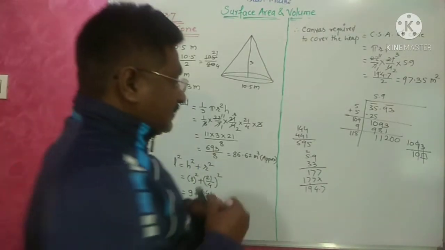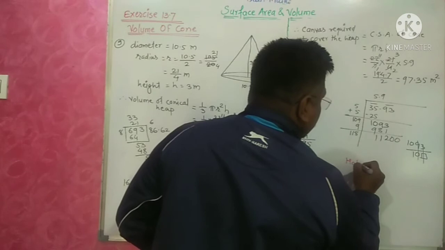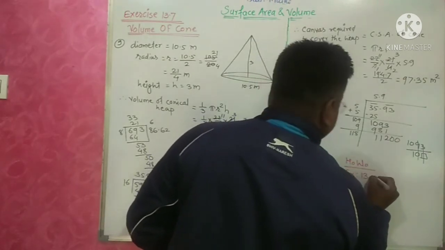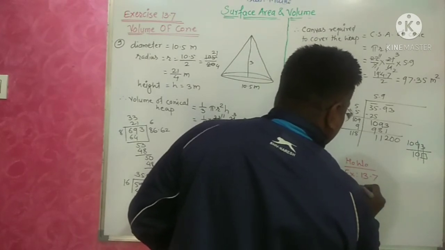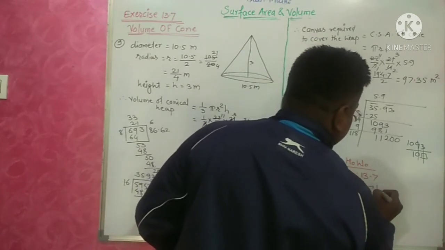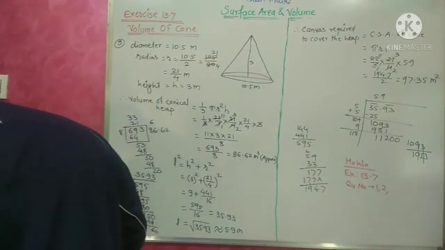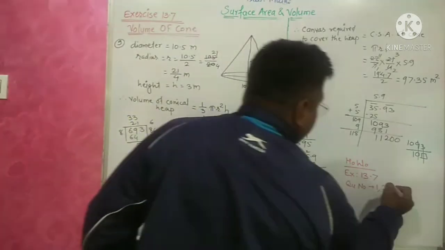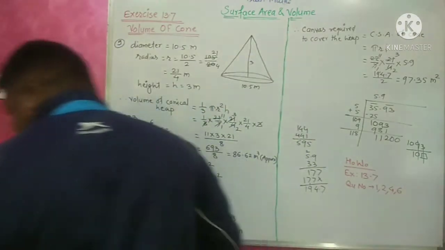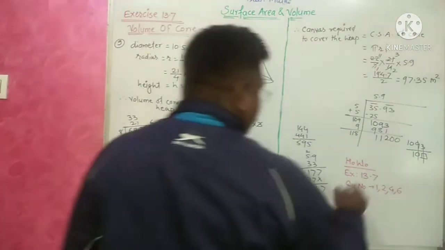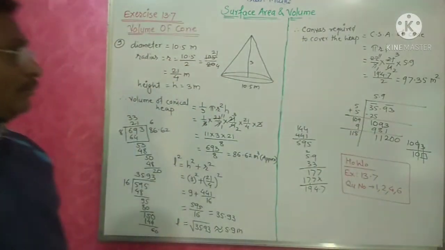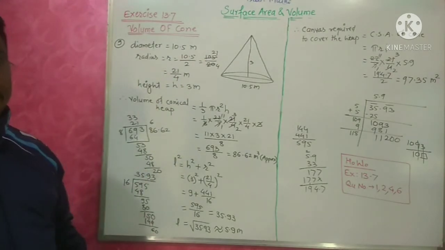So from this homework, from exercise 13.7, question numbers 1, 2, 4, 6. The remaining I solved and gave. So these 4 questions are the homework from this exercise.